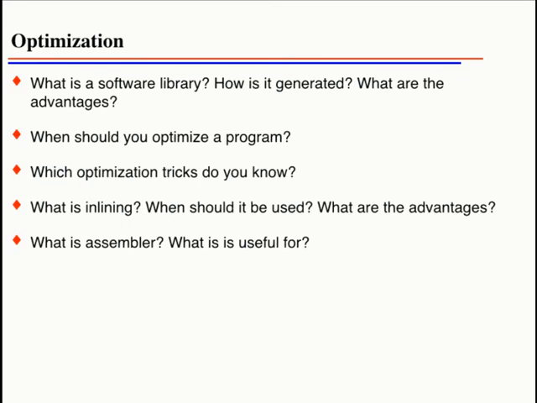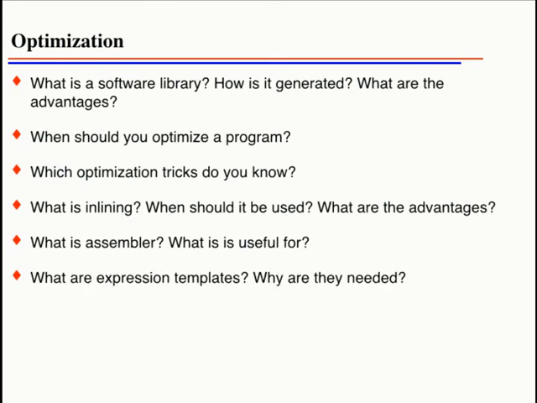What is assembler? We already discussed it a bit. What are expression templates? Is there something else here? Okay. Expression templates. We had it in the last lectures, in the exercises. Who can explain to me one example where it's useful?